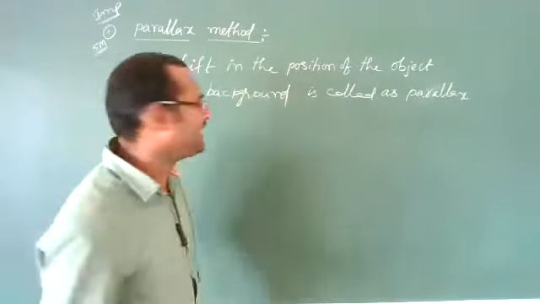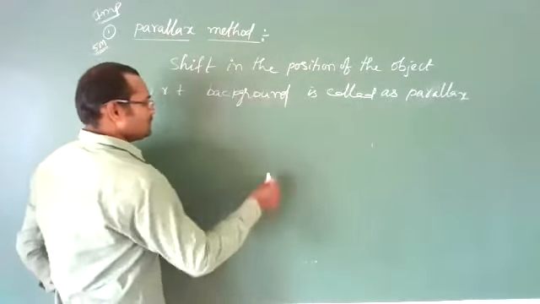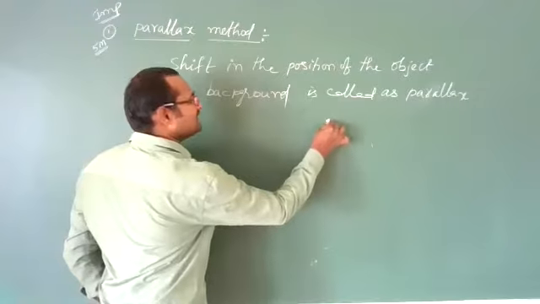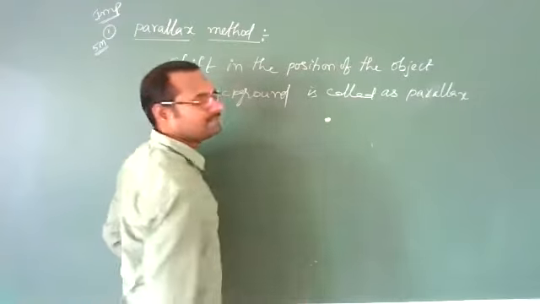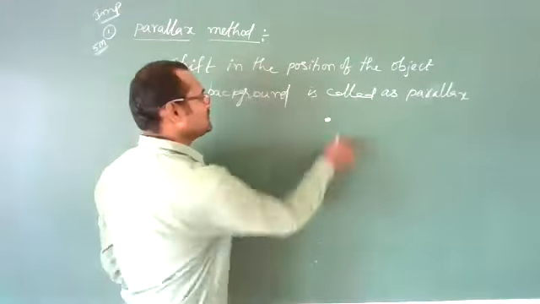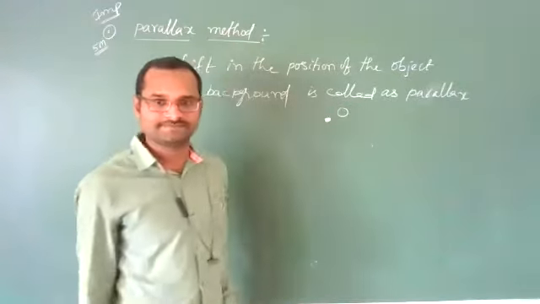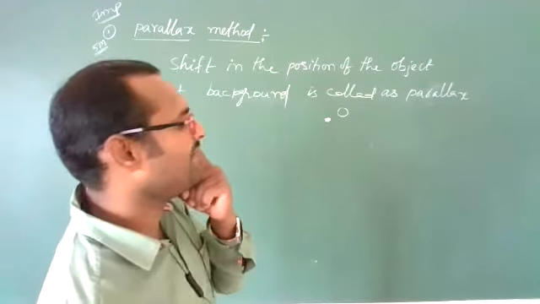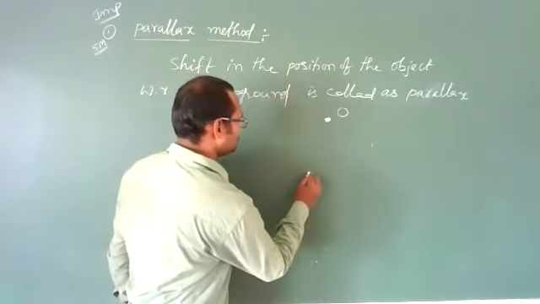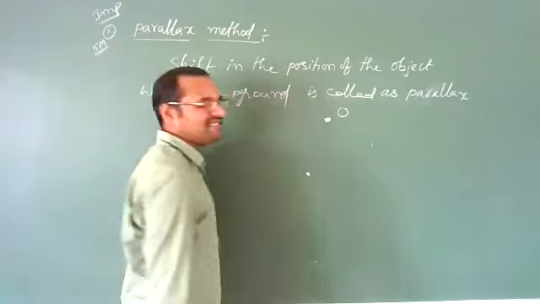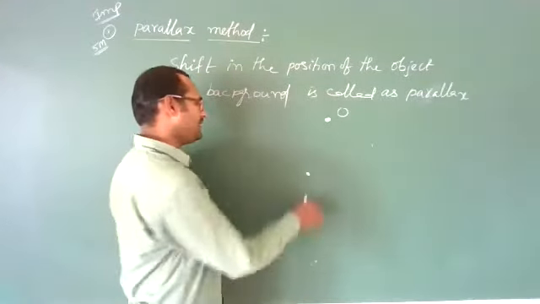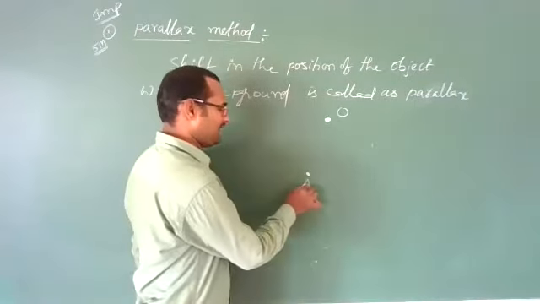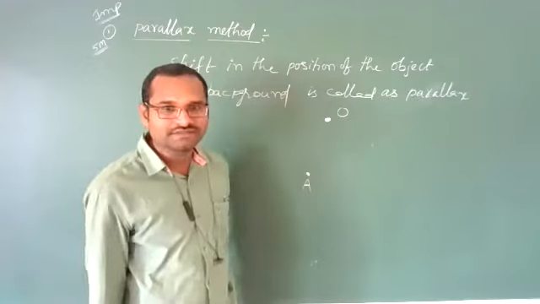Clear? See now what I am saying. Parallax method means, here this is the object that we are seeing. This object I am seeing with my left eye. With my left eye, when I see, the object position is here.